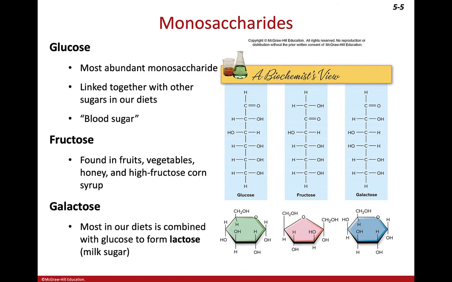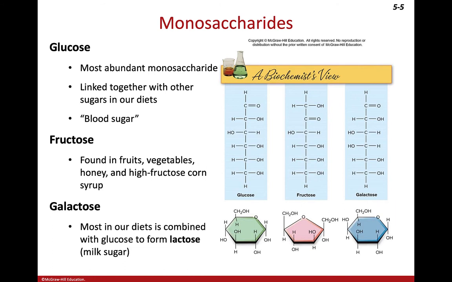And generally, we're going to see that as a polymer. Okay? So glucose will combine with another monosaccharide to form a disaccharide, or we're going to see glucose polymers connected in certain ways. Okay? When we hear the term blood sugar, we're really talking about blood glucose, and we're talking about something that the body regulates very tightly.